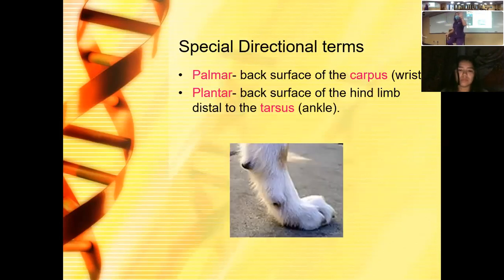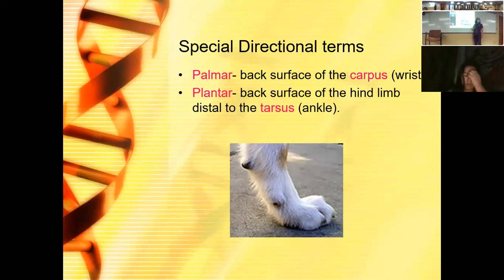Palmar, this is on the front feet, the walking surface. And we talked yesterday about how we are plantigrade. Did we talk about that? Yeah. We are plantigrade, meaning we walk on the entire plantar surface of our feet. Dogs and cats are digitigrade, meaning they walk on their digits.